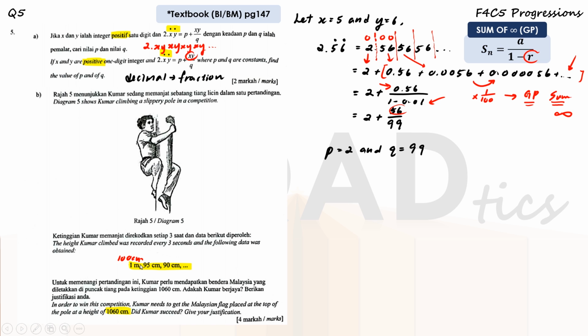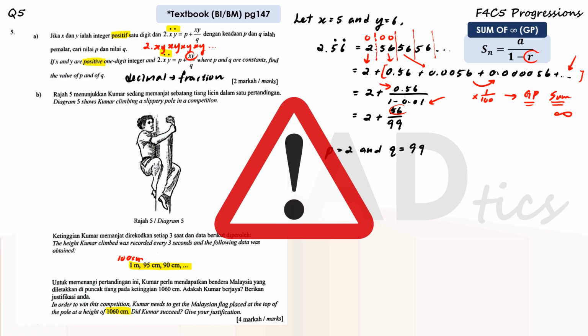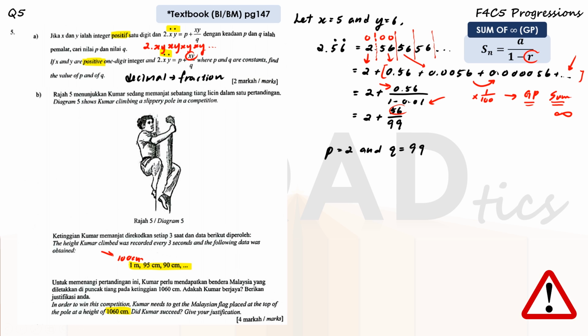Right, so how we can verify this is by looking at the pattern first. Okay, so if you see here 100 cm, 95 cm, 90 cm, from one value to the next, we need to minus 5. So this actually is an arithmetic progression, or AP for short, because we need to either add or minus one value to get the next value. Okay, so if you look at here, it keeps on minusing 5 cm.